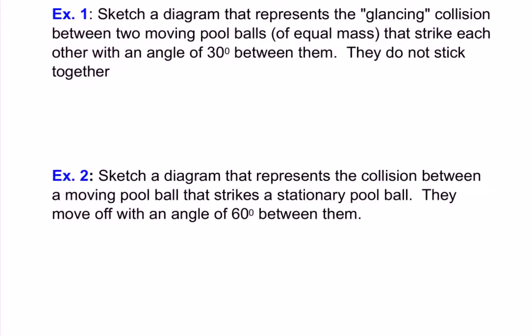The first one says we've got two moving pool balls, so they have the same masses, and they're going to glance together. Glancing means sort of like a side swipe or a bouncing collision. They strike each other with an angle of 30 degrees between them. So one ball could be going down at an angle, and the other could be going upwards or horizontal, it doesn't really matter, but there's 30 degrees between the two.